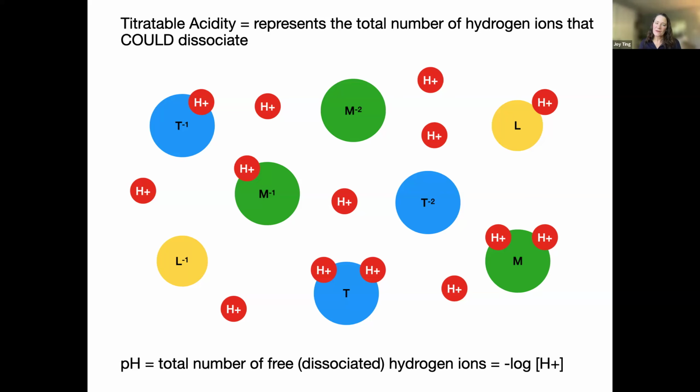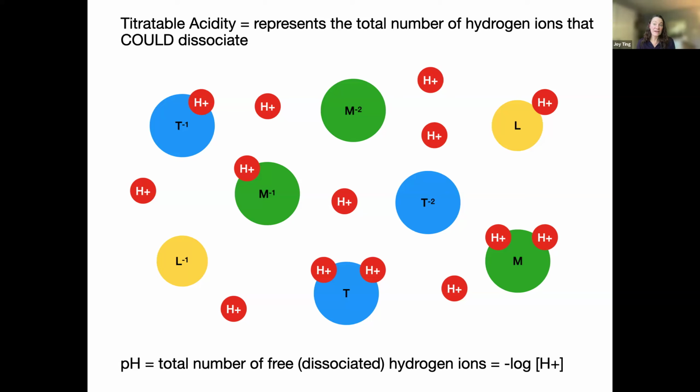But then we have to think about the impact of each one of these on pH. As I said before, the amount of dissociation does depend a little bit on the structure of the parent molecule. Because of that structure, tartaric acid is a little bit more likely to give up its hydrogen ions to solution than malic acid is.